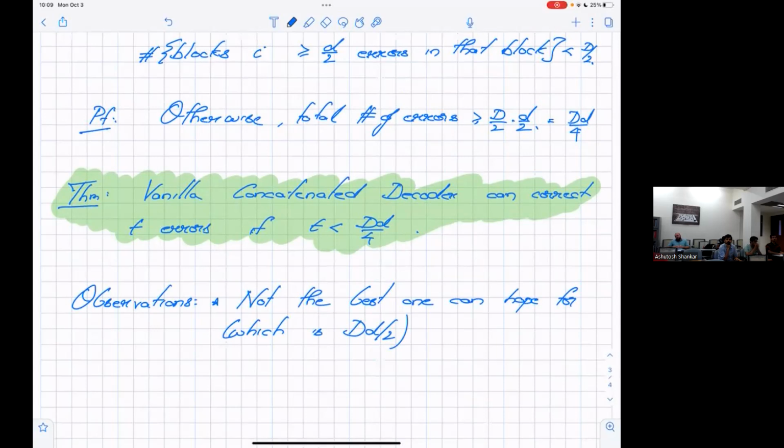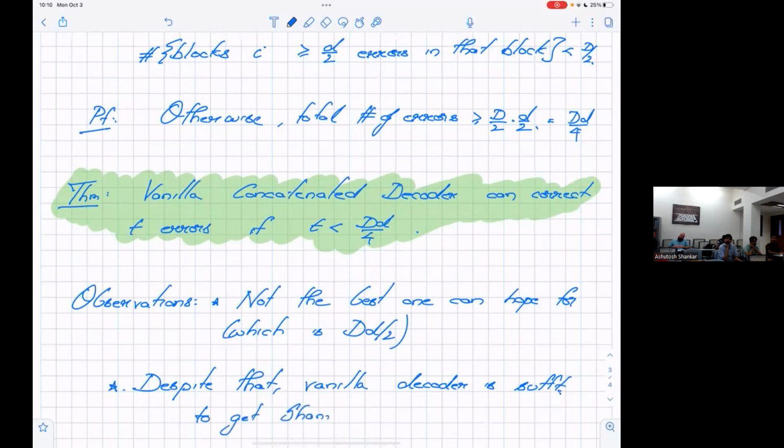By the end of today's lecture, we will show that this is in fact feasible if the outer code has some more additional properties. But prior to that, what we will now see is that even though this is not the best decoder, the vanilla decoder is sufficient to get Shannon capacity.